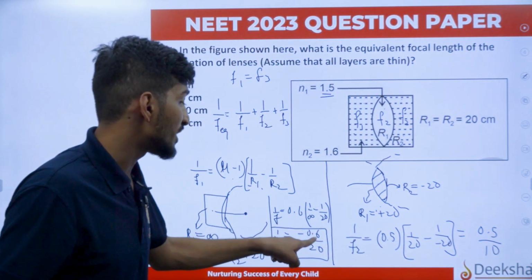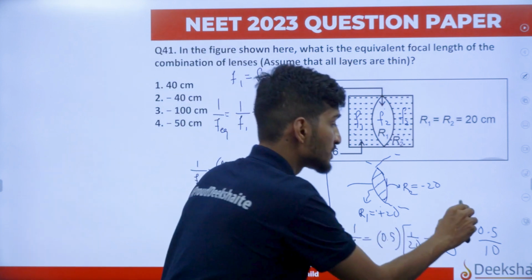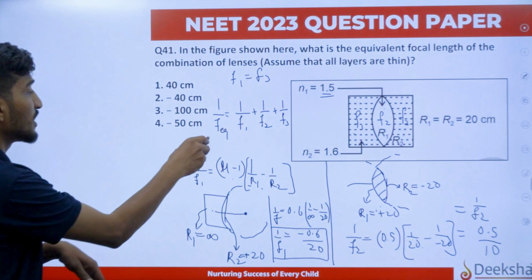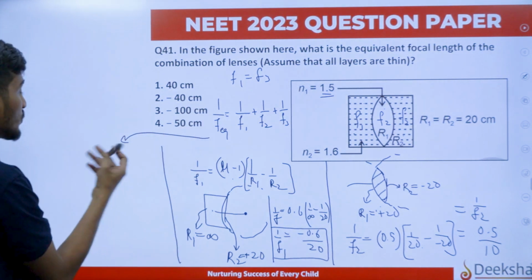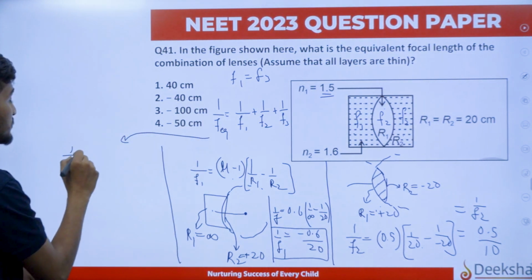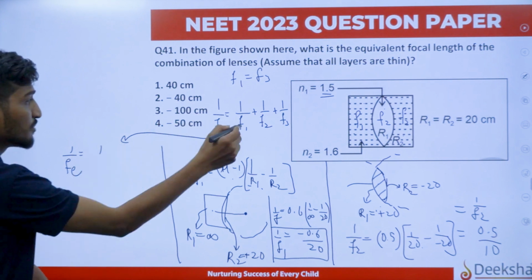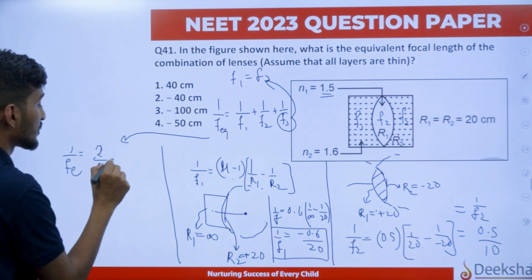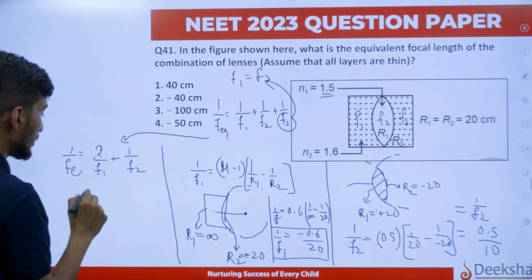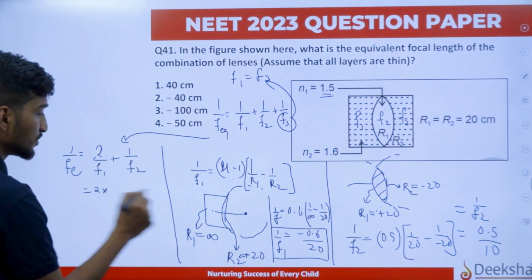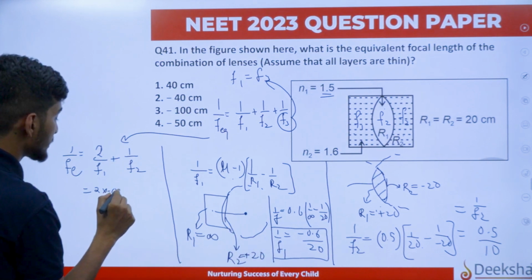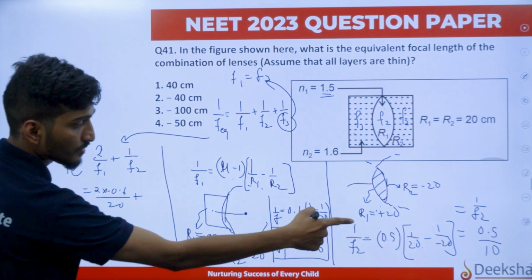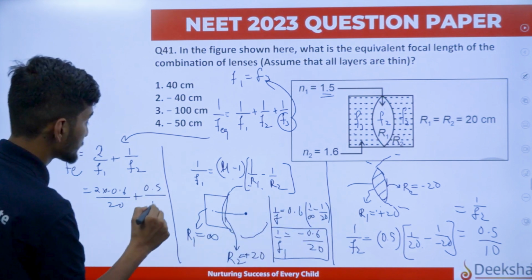1 by f1 is minus 0.6 by 20, 1 by f2 is 0.5 by 10. So let's use this formula here now. 1 by f equivalent becomes 1 by f1 plus 1 by f2 plus 1 by f1 only. 2 by f1 plus 1 by f2, or 2 into minus 0.6 by 20 plus 0.5 by 10.